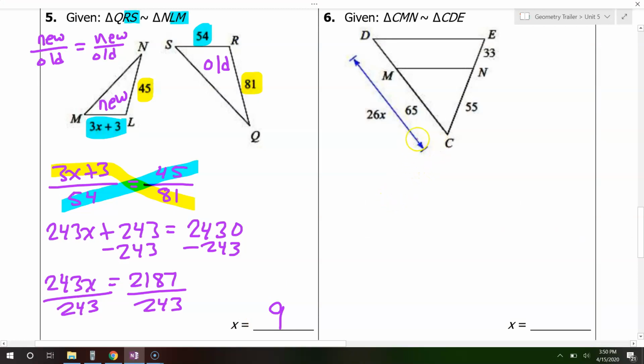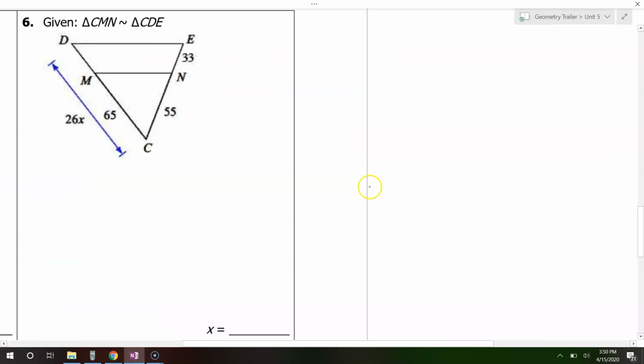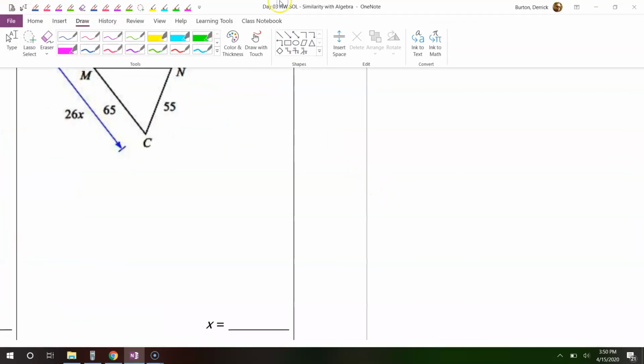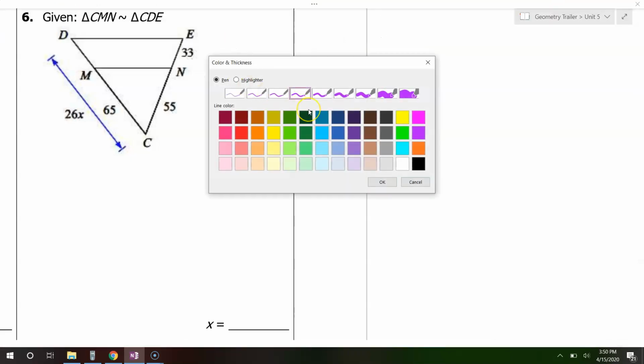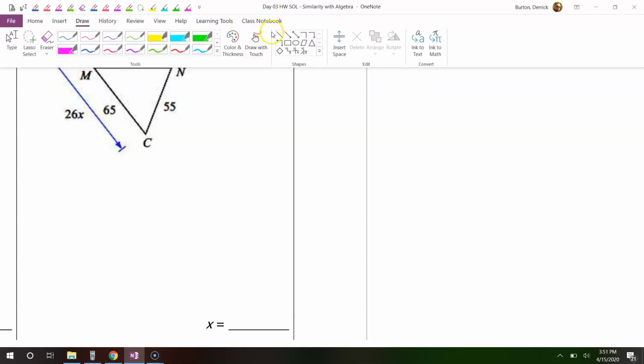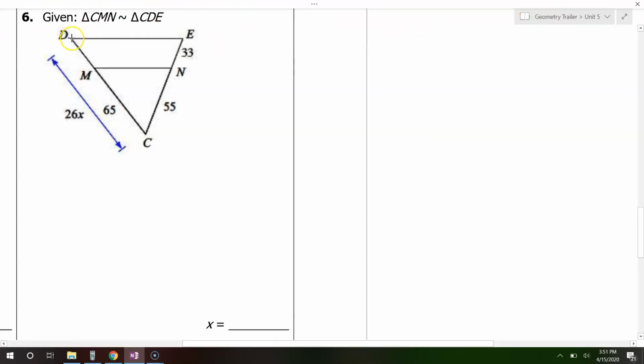Okay, as I look at problem number 6, it looks like we're back to this overlapping triangle business. So I think I'm going to use my old strategy of drawing the triangles separately. All right, that's probably the best thing to do when you see overlapping triangles, unless you're dealing with only the sides.